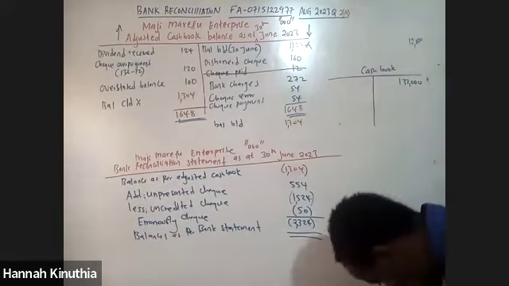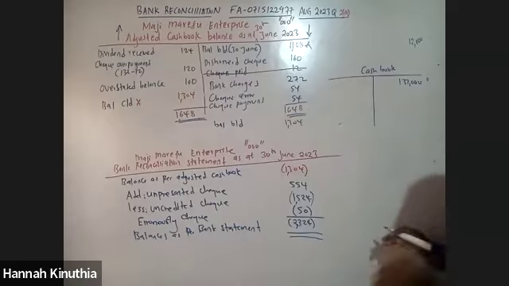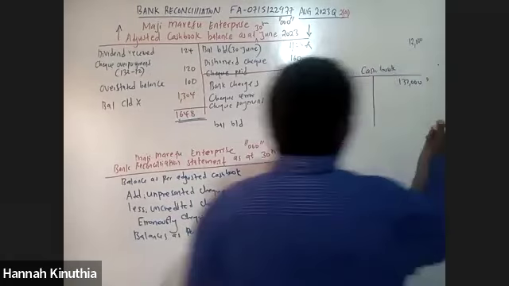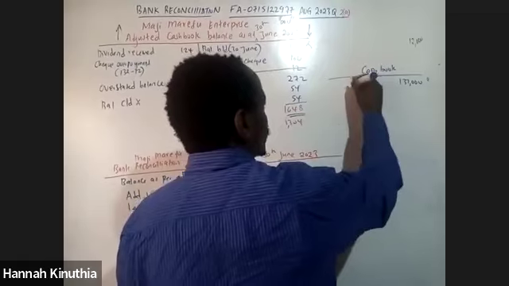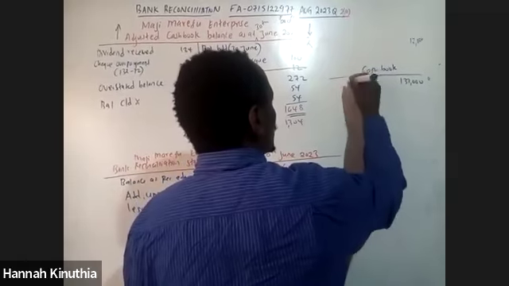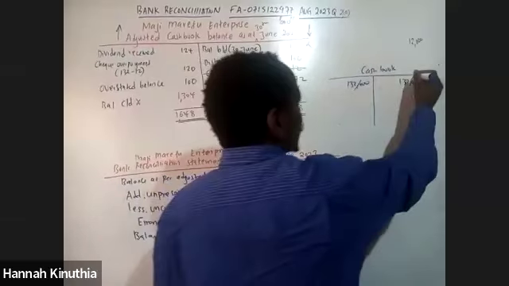Now, tukisema hivi, let us take the subject. Kwa sababu tumerecord as 132, kule tuweke huku 132. Let us put this 132 huku, so that this amount cancels with the original one.